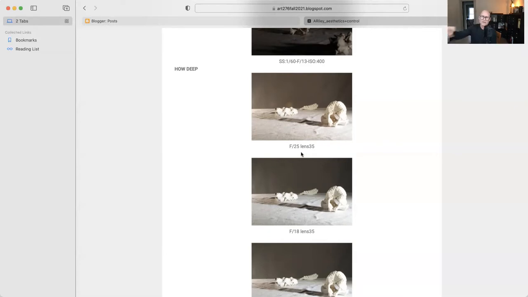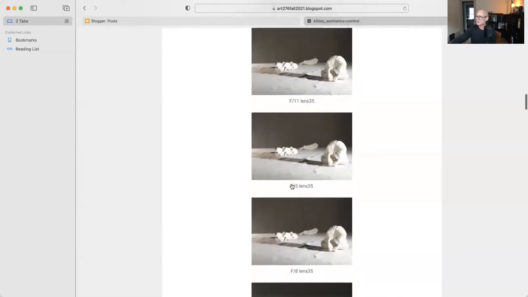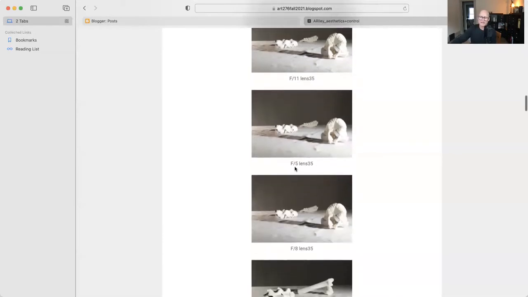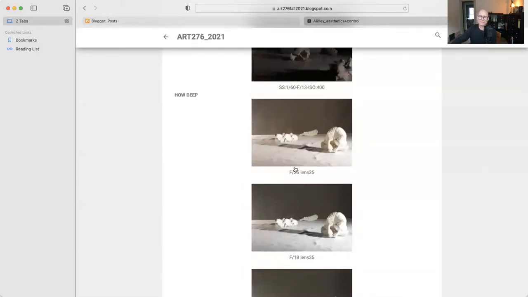Where again, we're seeing a little bit of confusion is you're confusing clicks with steps because we have here F5, F18, F25. Those aren't F-stops, those are clicks in between F-stops. Our F-stops are only 5.6, 8, 11, 16, 22.